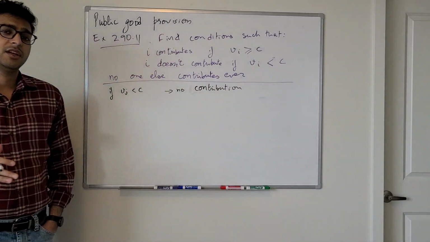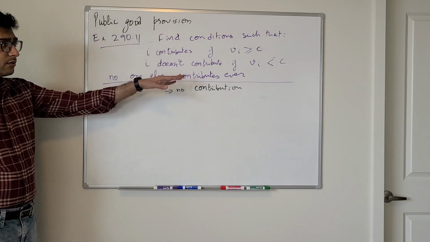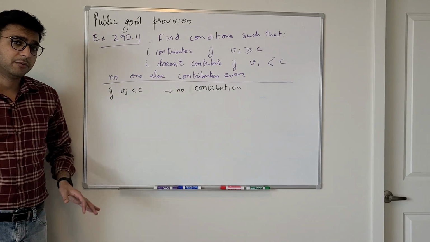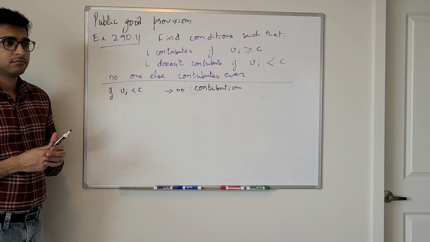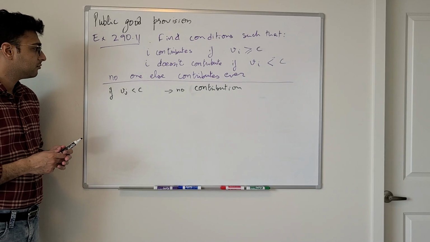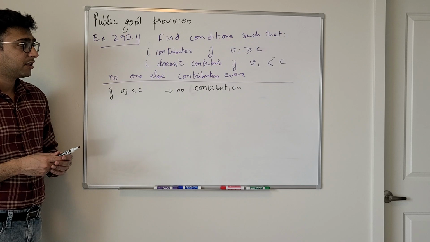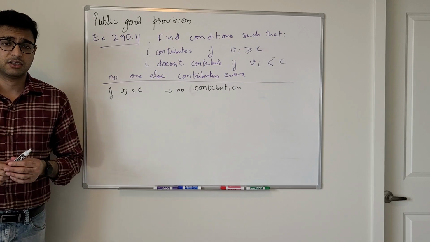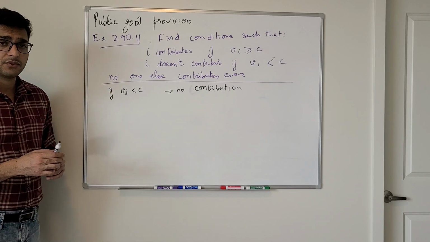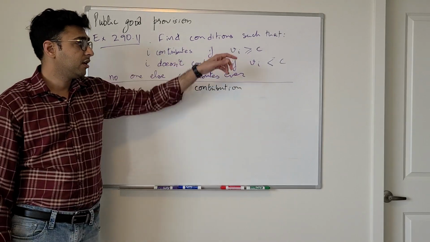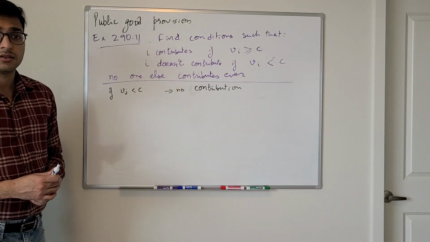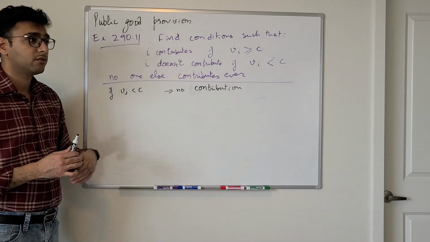If player I can be convinced that nobody else will ever contribute towards that public good irrespective of their valuation, then player I would want to contribute if her valuation is at least C, because at least that way she gets 0 or something greater.